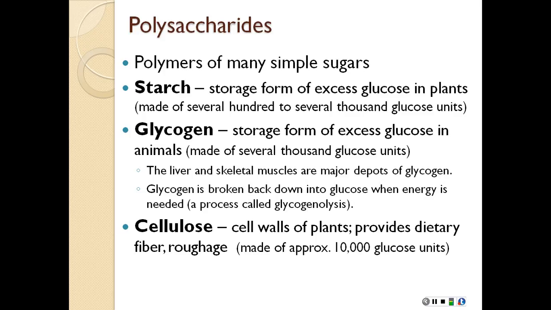Okay? So in order to get the nutrients from them, they have to be broken down to monosaccharides. The thing about cellulose is our digestive system cannot do that. Okay? So cellulose cannot be broken down by our digestive system. But it's still good for us. In fact, very important for us.